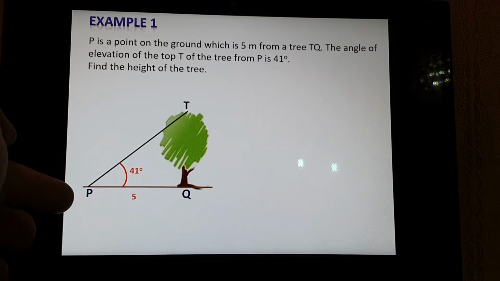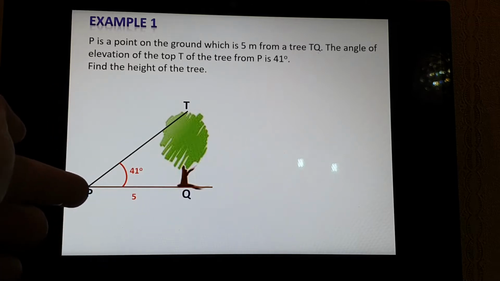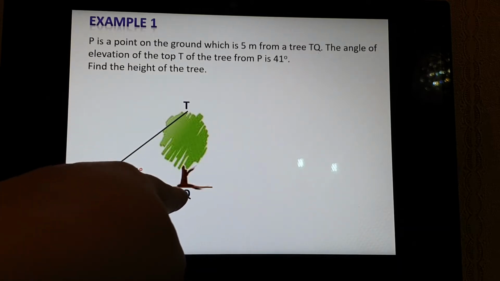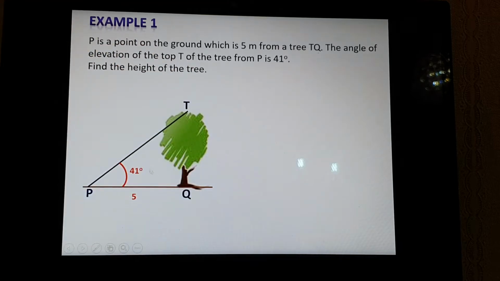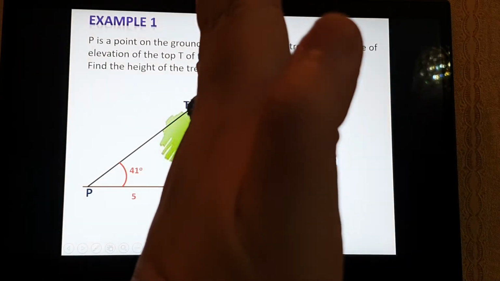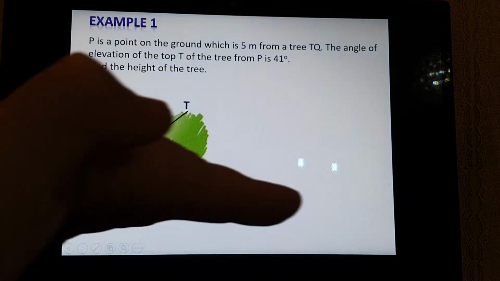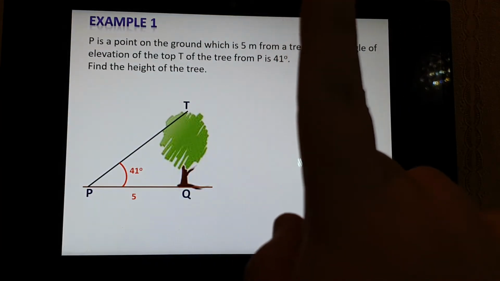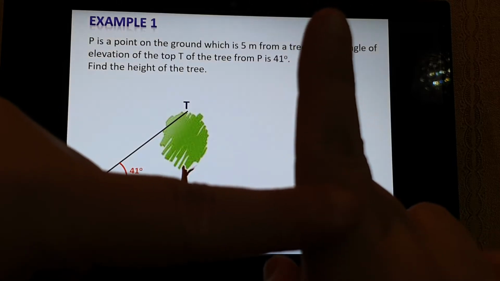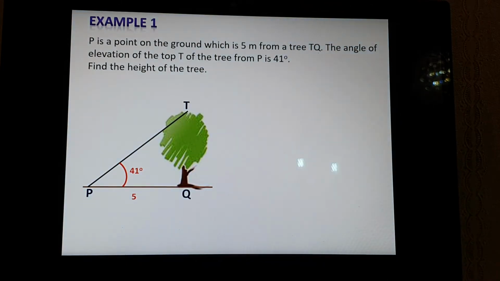And then they are able to measure 5 meters, which is not difficult to measure. But they cannot climb up. Even if they climb up the tree, they may not have equipment long enough to measure this. Whereas it's easy to measure things on the ground. So by knowing this angle of elevation and this length, they can use trigonometry. And I told you already, where a vertical line meets the horizontal line, it will always be 90 degrees.